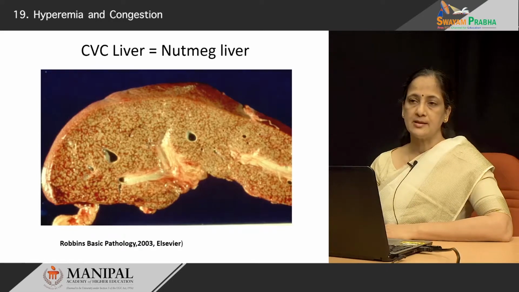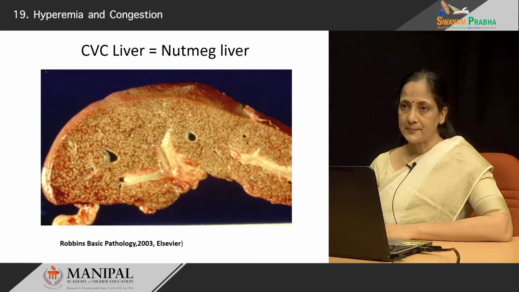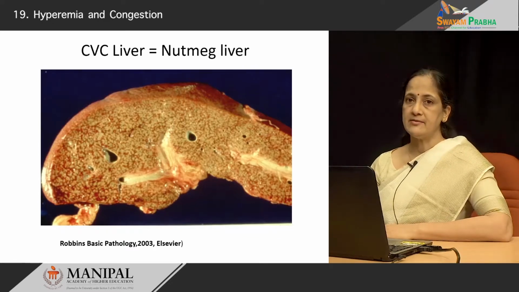This appearance that is seen of the liver in CVC is called nutmeg liver, because it is similar to the appearance of a nutmeg. The liver in CVC will be enlarged, the margins or borders will become rounded, the capsule becomes stretched out, and on cut surface we will see alternating light and dark areas.